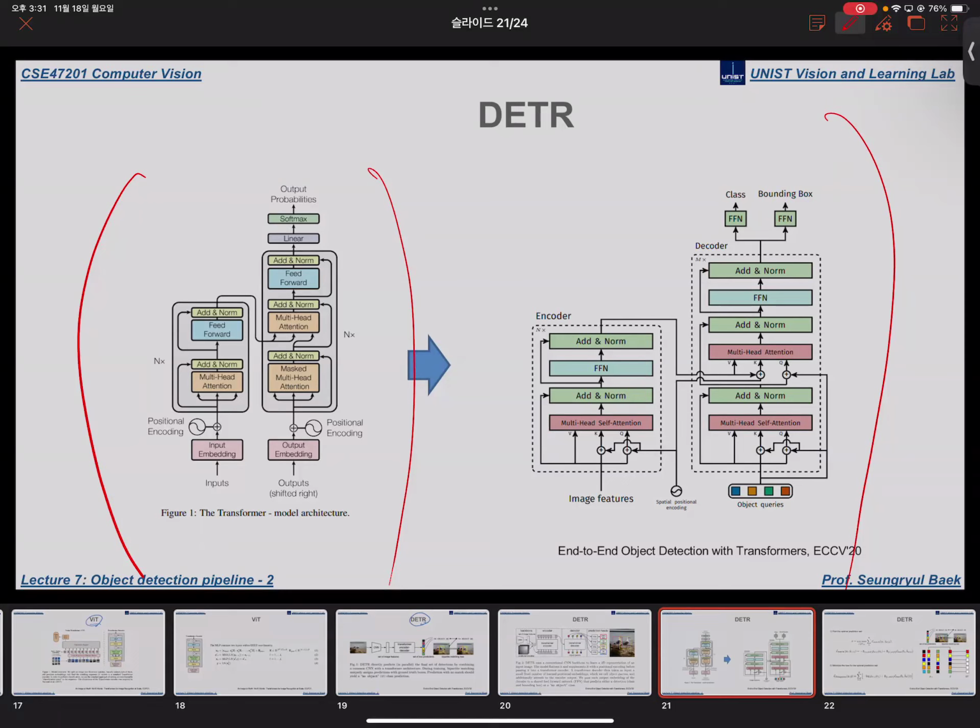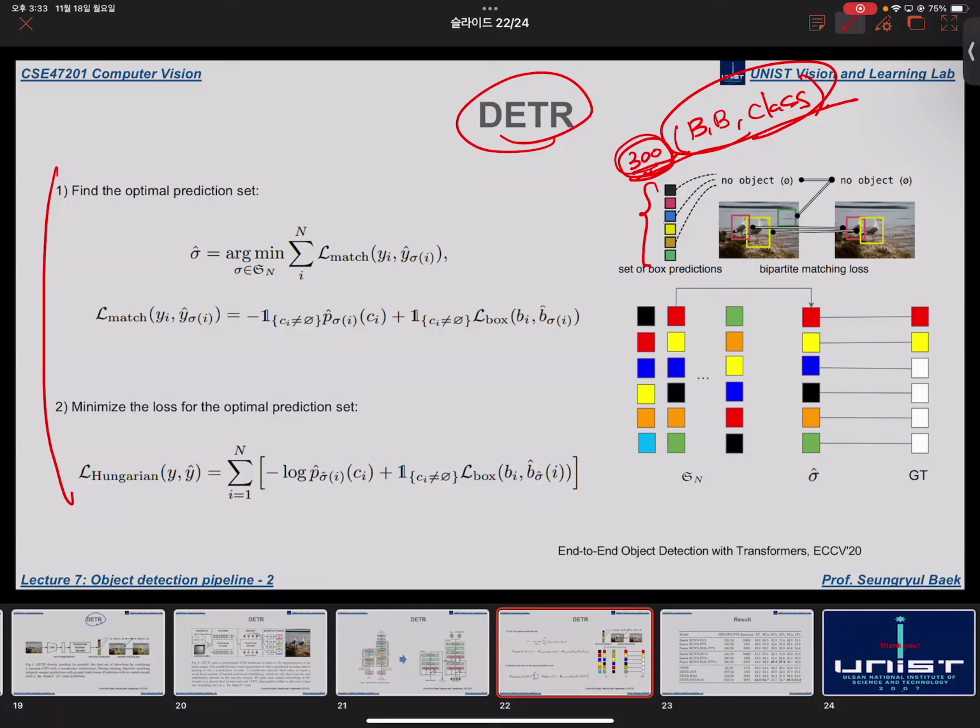It depends on the number of object queries you set. If you set the object query number as 300, then you will get the same number of bounding boxes and class probabilities. So this is a set of predictions. The bounding boxes and classes, their set are here.